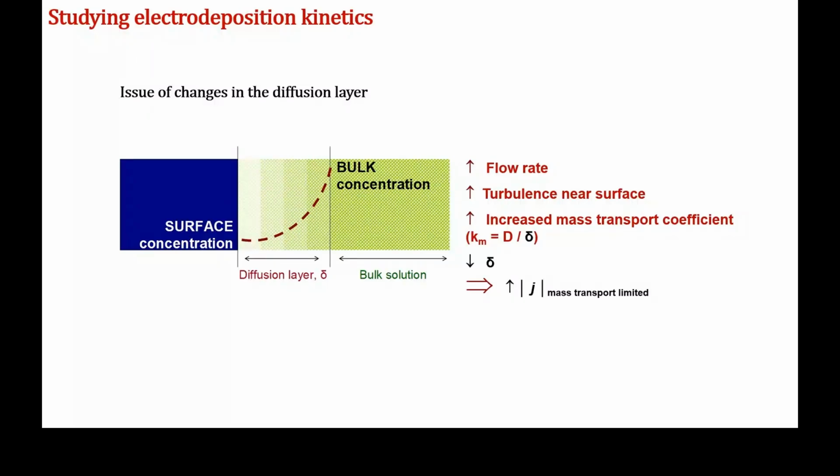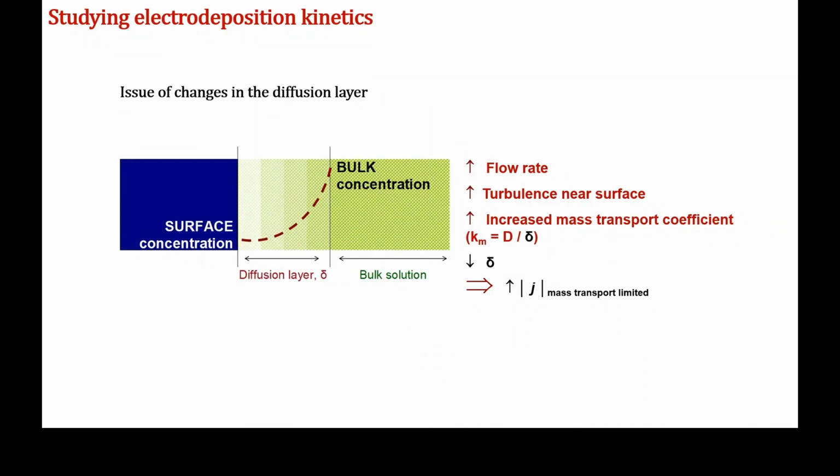And you can increase the current, so you can play with it. It's not something that you can't control. Up to a point, you can control the mass transport limited current density if you start to disturb this diffusion layer. You want that diffusion layer not to grow, because it will actually grow with time if you don't impose any hydrodynamic control.